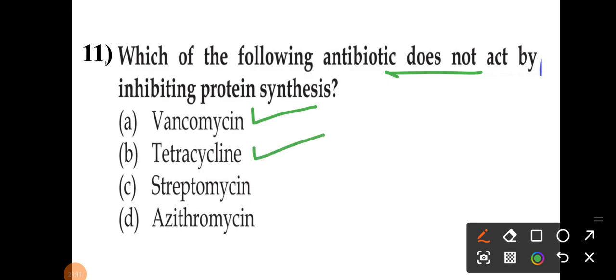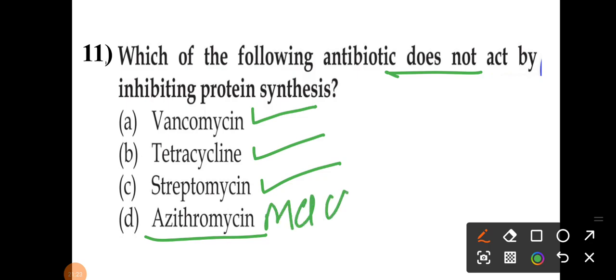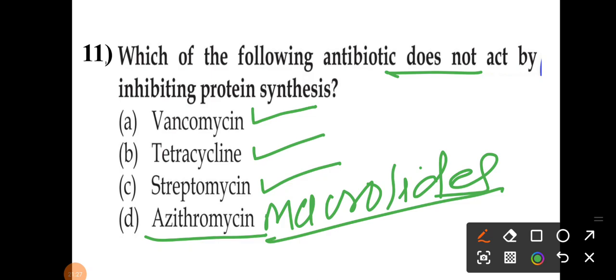Tetracycline, it is a protein synthesis inhibitor. Streptomycin, that is also your aminoglycoside, and again these are protein synthesis inhibitors. And azithromycin, that is nothing but your macrolide antibiotic, and these are again protein synthesis inhibitors.